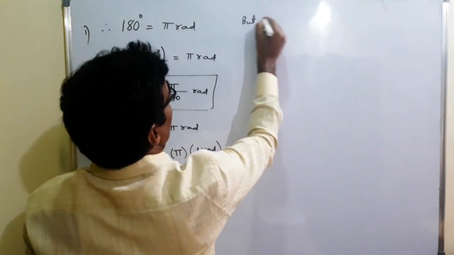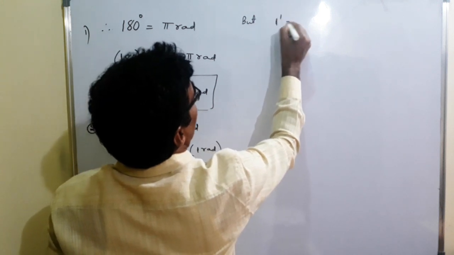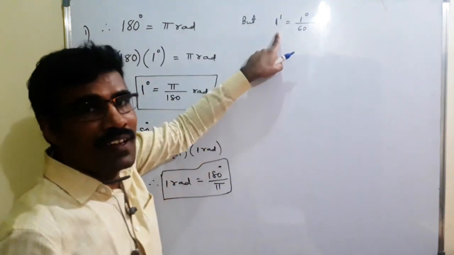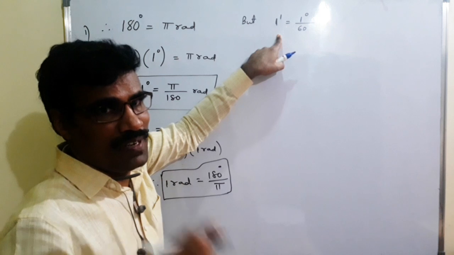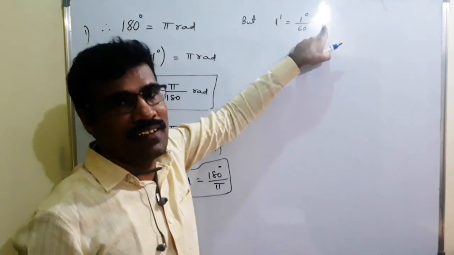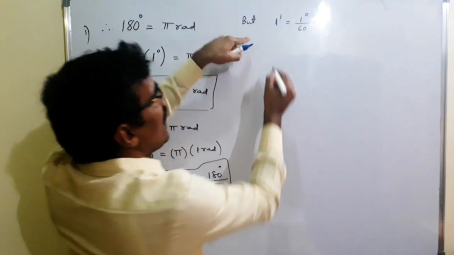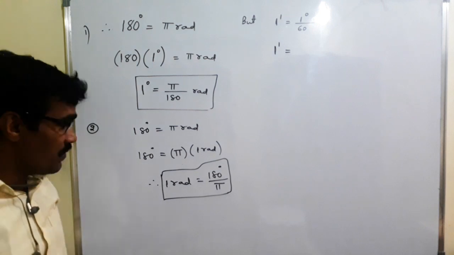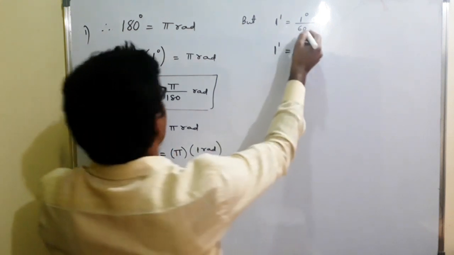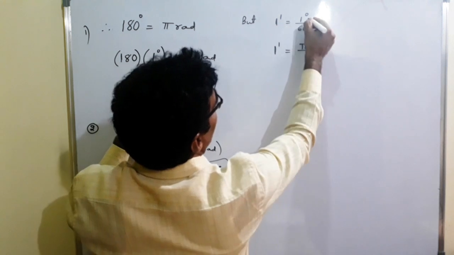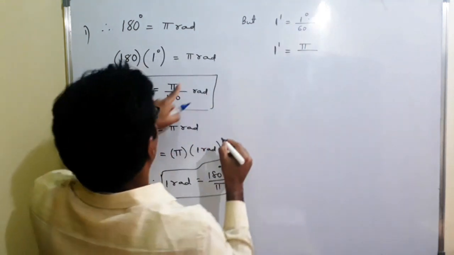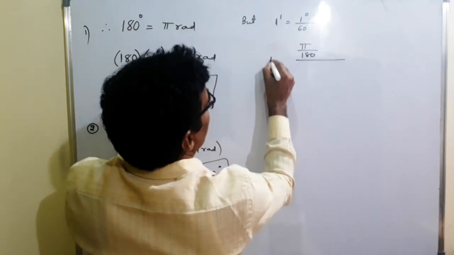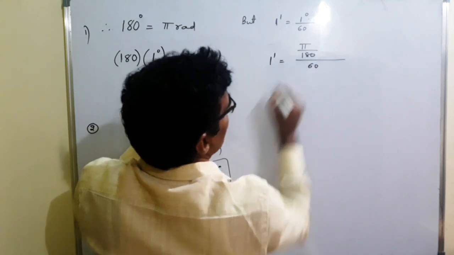But 1 minute is equal to 1 degree by 60. This is the relation between minutes and degrees. I want 1 minute in terms of radian. 1 degree is pi by 180 radian, divided by 60.